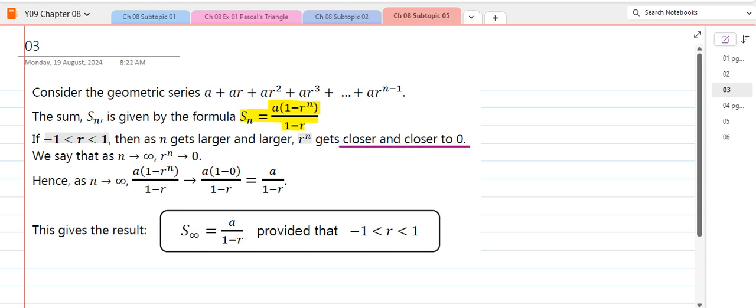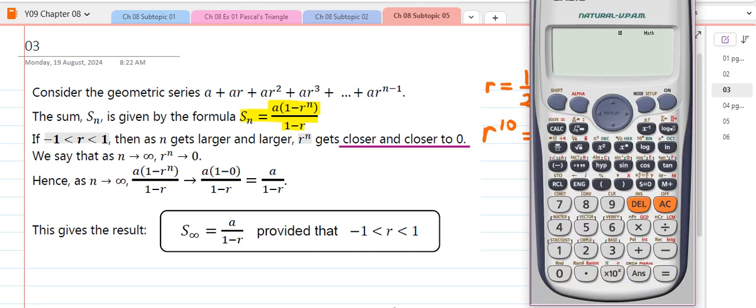Let me give you an example. Using the previous one, if r is half, let's say we go to r to the power of 10. So you have half to the power of 10, which would be this number, already a very small number: 9.76 times 10 to the power of -4.